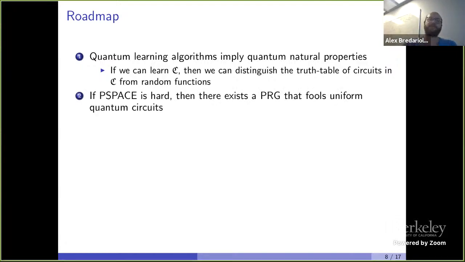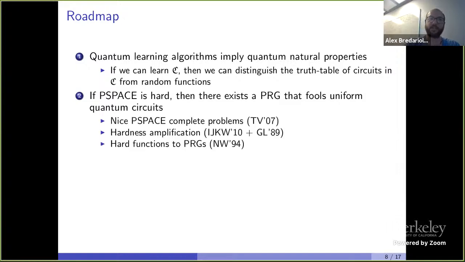And then the second step is that if you assume that PSPACE is hard, then you can construct a PRG that fools uniform quantum circuits. Again, I'll define things more precisely in the next few slides. To show this result, we build upon different results from the classical literature, but we need to quantize them. And for some of these results, specifically for AJKW, this is highly non-trivial.